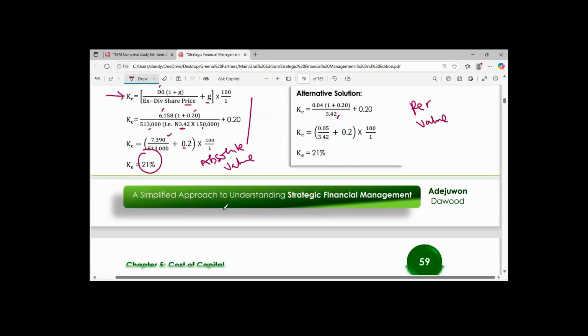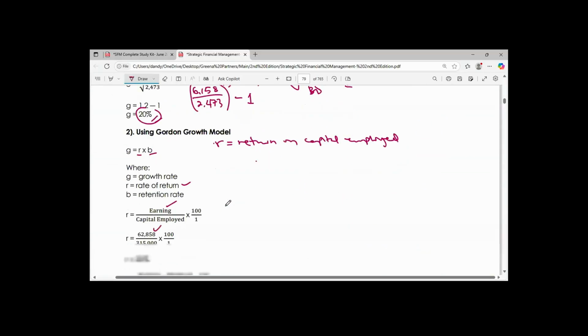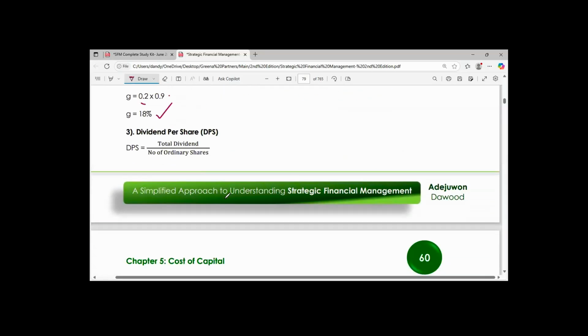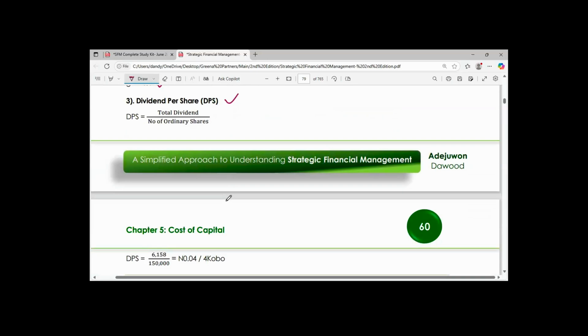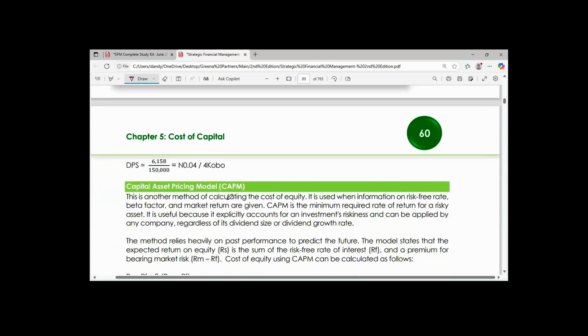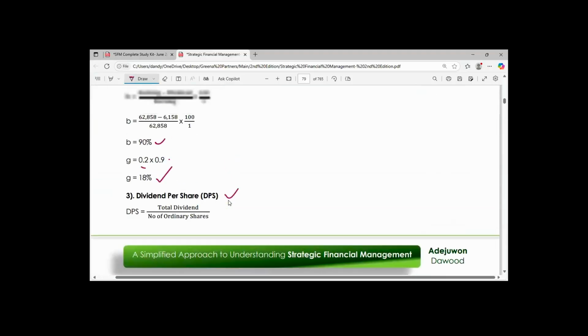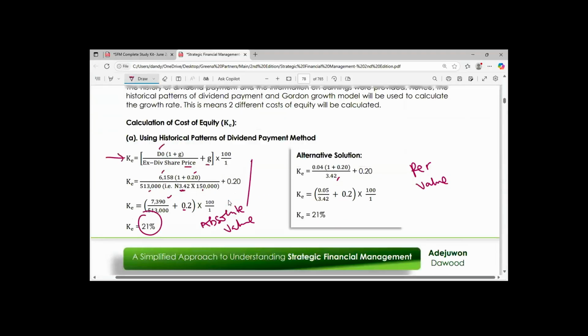To get dividend per share, of course, is total dividend divided by number of shares. This is the formula for calculating dividend per share: total dividend divided by number of shares. This gave us the dividend per share of 4 kobo, that's the 0.04 you are seeing here. Then multiply by 1.2, divided by 3.42, plus 0.2.